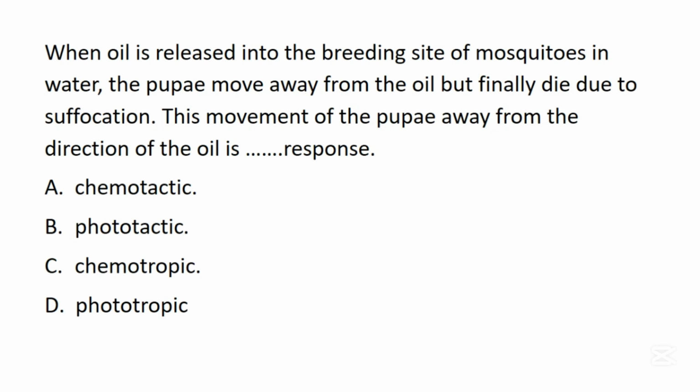C. Chemotropic response. D. Phototropic response. In this question, the correct answer is A. Chemotactic response. So when an organism moves away from the direction of a chemical, that organism is making a chemotactic response.